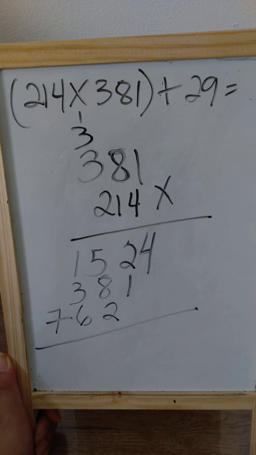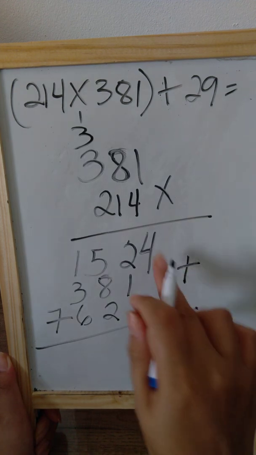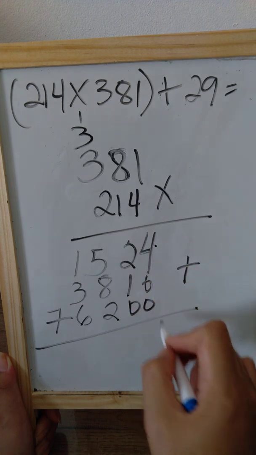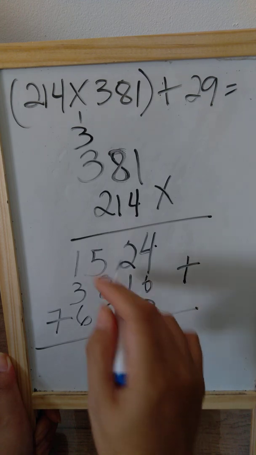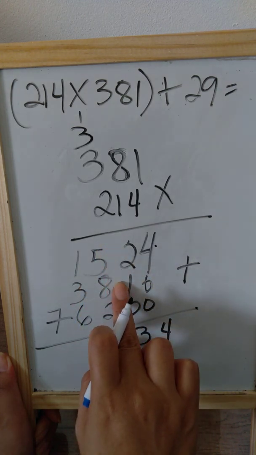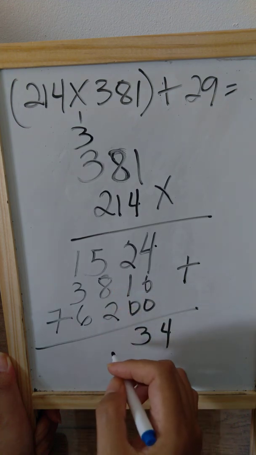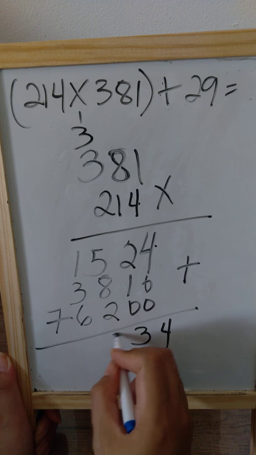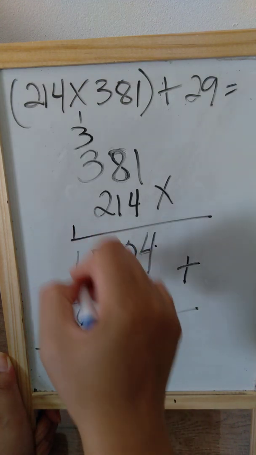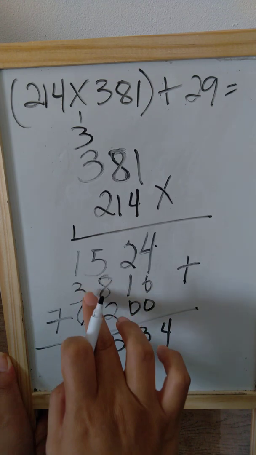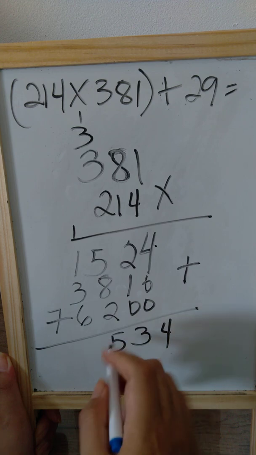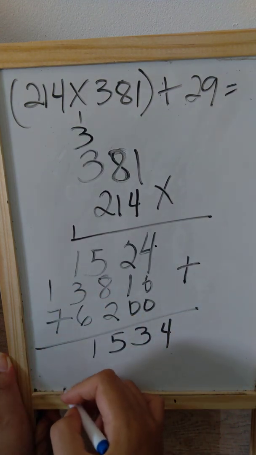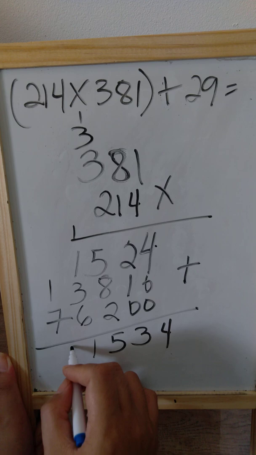Okay, now let's add. 4 plus 0 is equals to 4. 2 plus 1 is equals to 3. 5 plus 8 is equals to 13 plus 2 is equals to 15. Carry 1 to 1. 1 plus 3 is equals to 4. 4 plus 6 is equals to 10 plus 1 is equals to 11. Carry 1 to 7. And then 1 plus 7 is equals to 8.